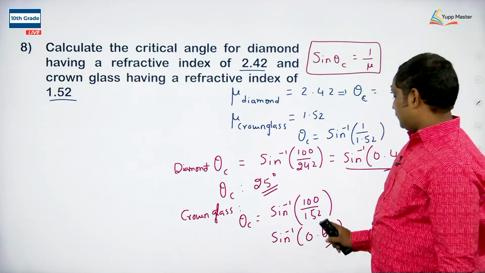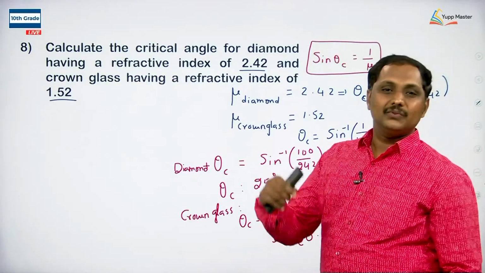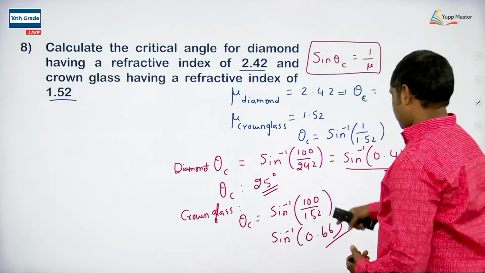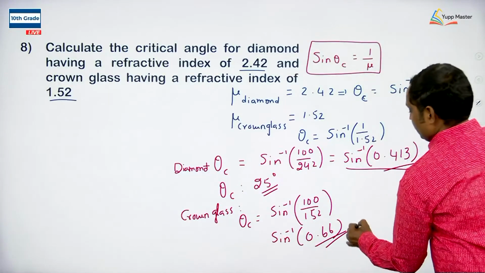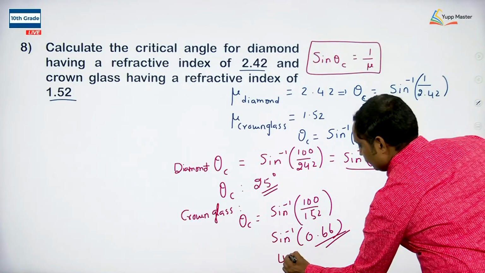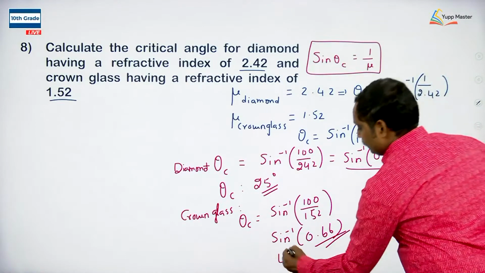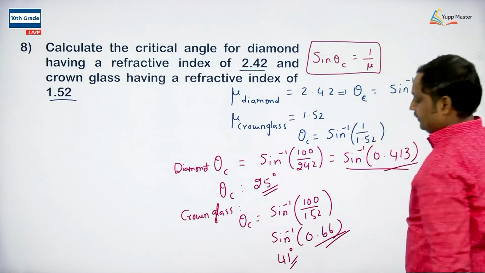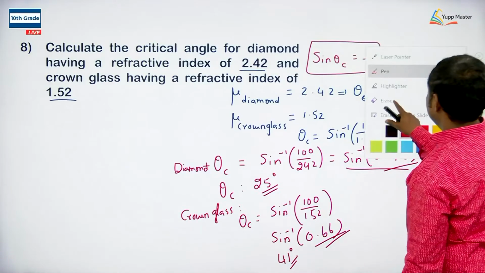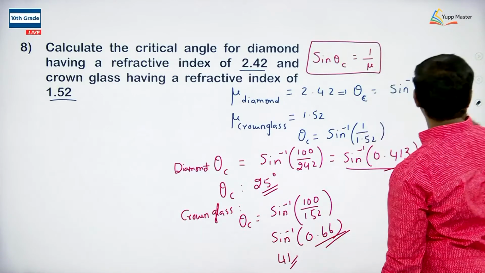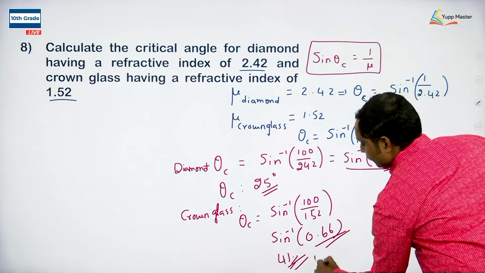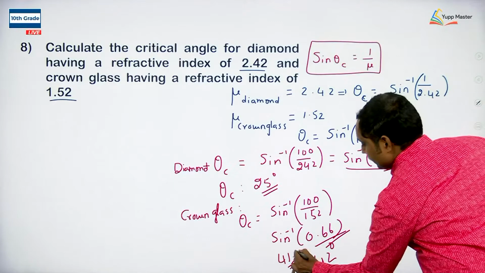So the value is around 40 degrees, more than 40. So you may have 41 degrees, I think so. So 41 point some value. So we will get approximately 42 degrees.